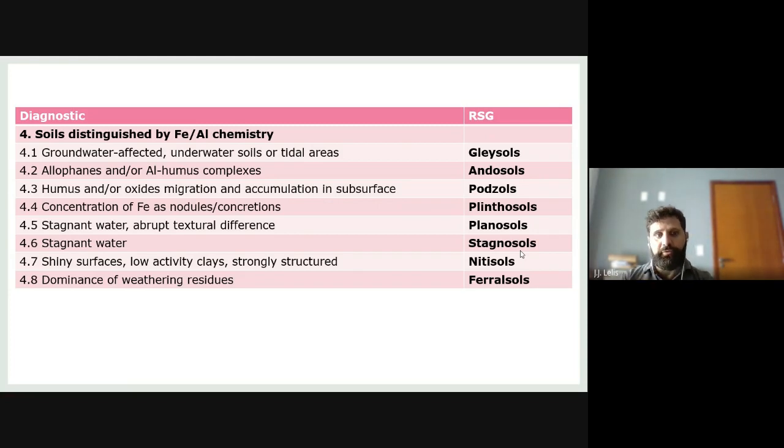So the ferralsols are those soils that possess low activity clays, low cationic exchange capacity, and a low increase of clay with depth.